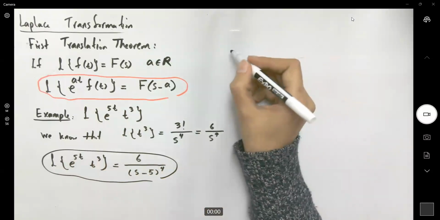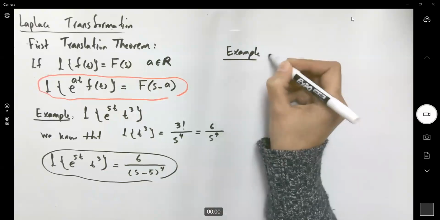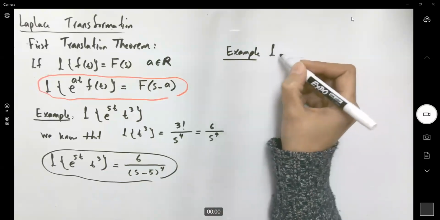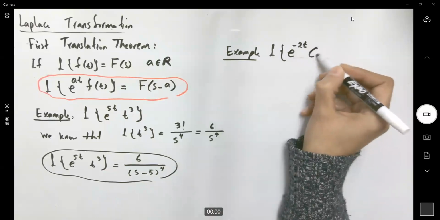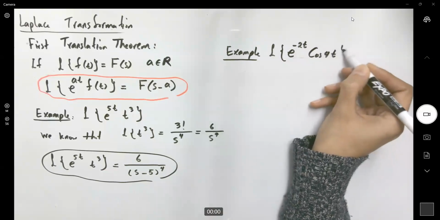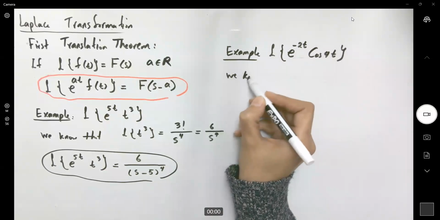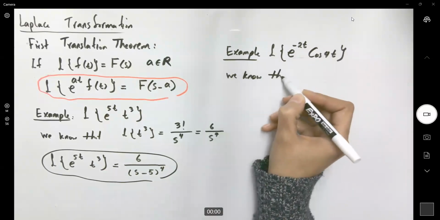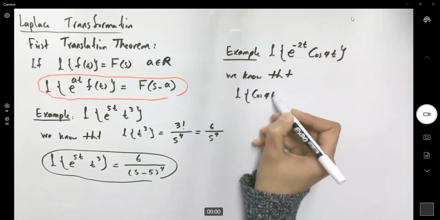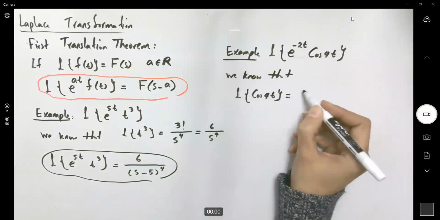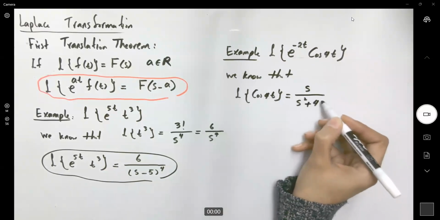Another example. This example says, evaluate the Laplace of e to the power negative 2t cosine of 4t. We already know that the Laplace of cosine 4t is equal to s divided by s squared plus 4 squared.